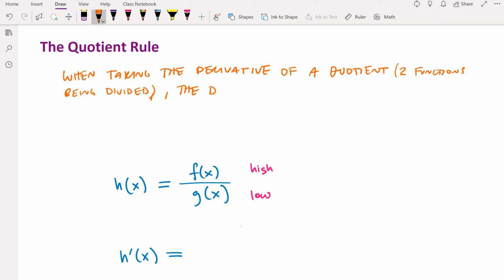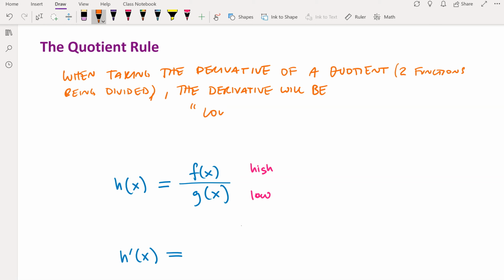The derivative will be, okay, and this one's going to get weird. So, are you ready? This is how we say it. This is going to be really, really strange sounding at first.